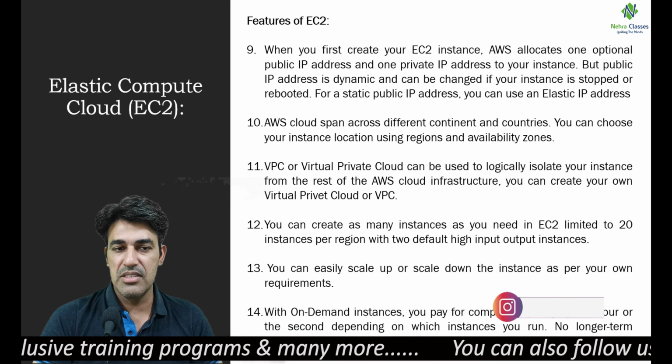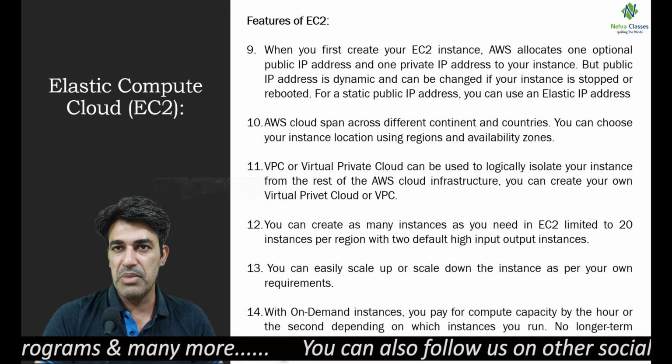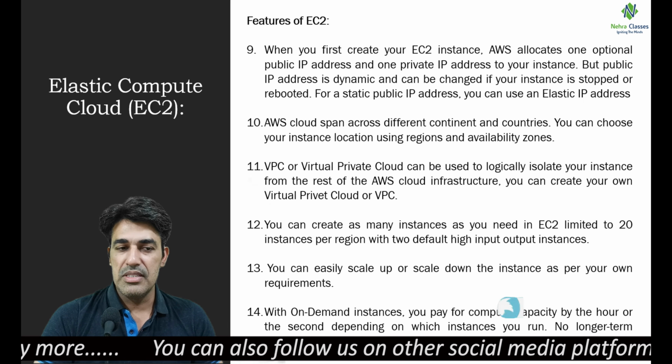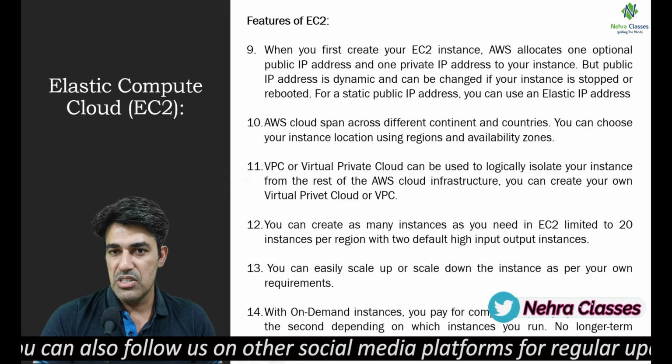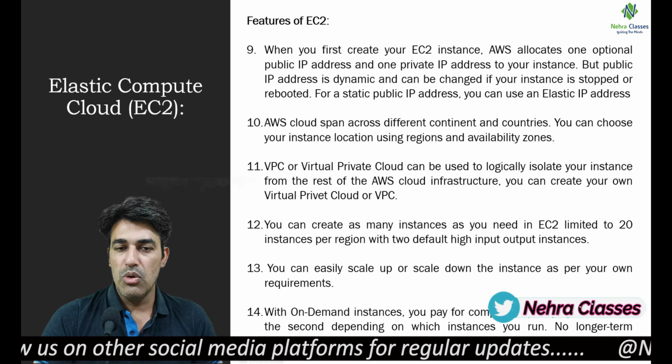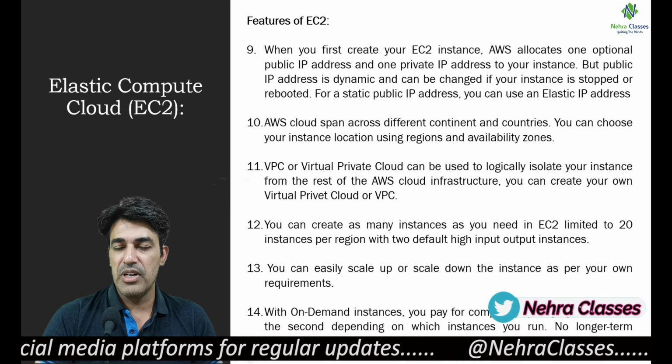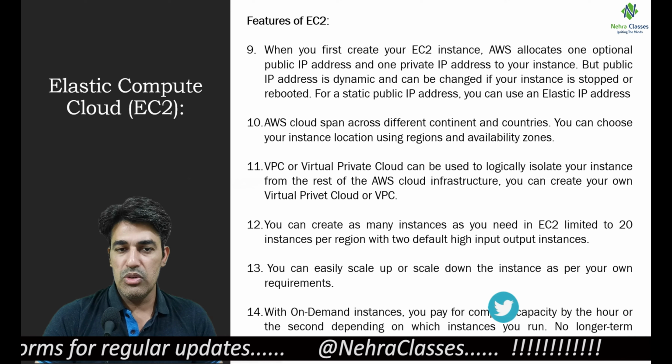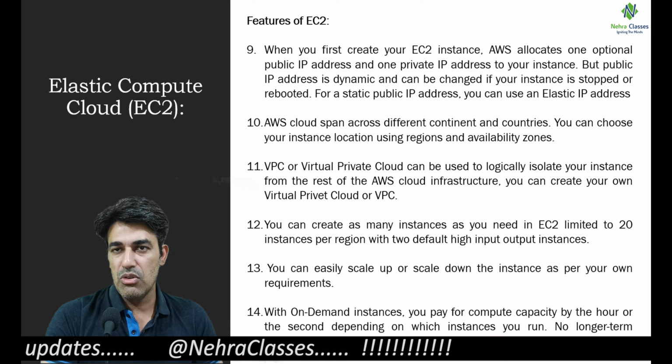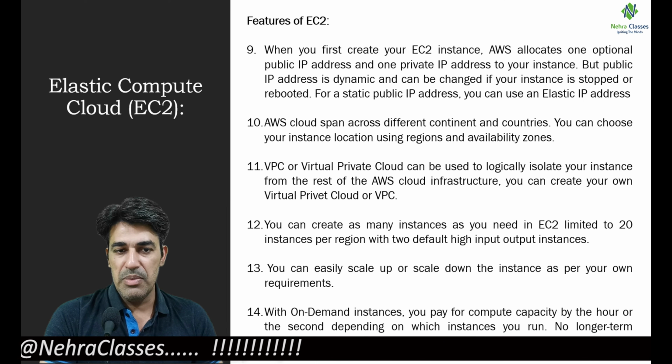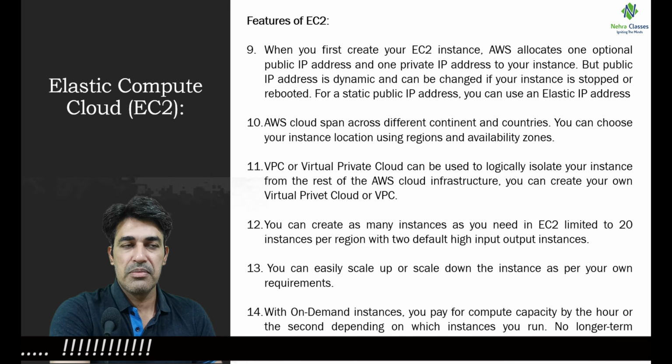With on-demand instances, you pay for compute capacity by the hour or the second, depending on which instance you run. No longer term commitments or upfront payments are needed. So you can pay on an hourly basis or a per-second basis depending on your requirement.